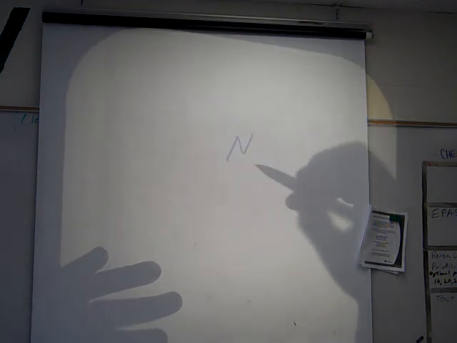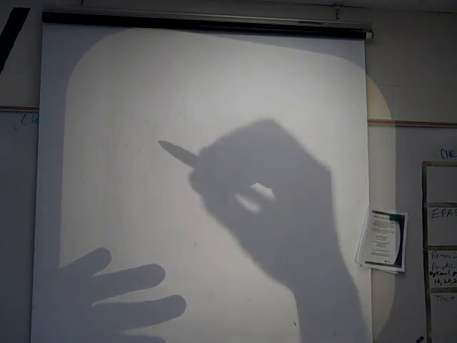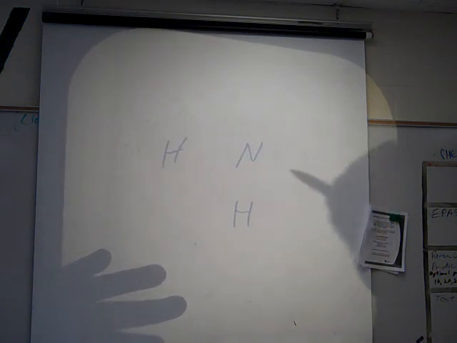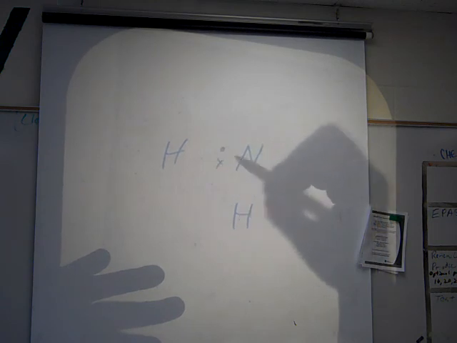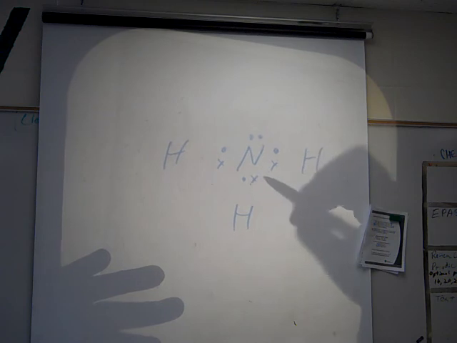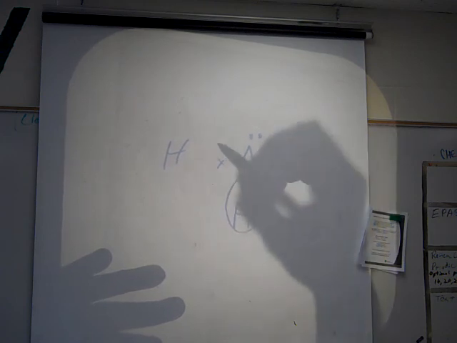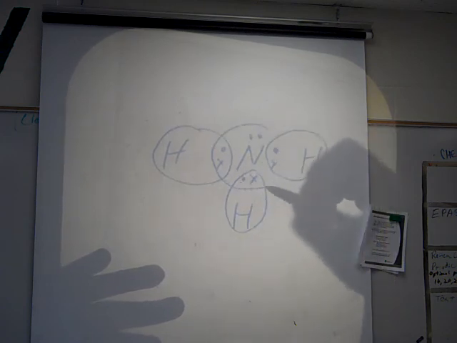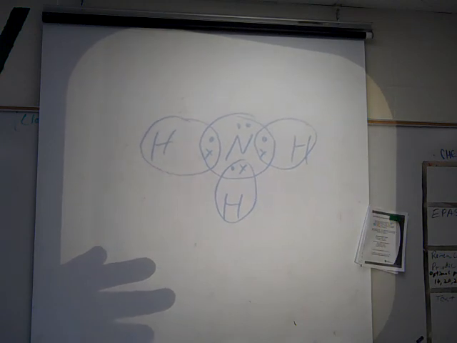Whichever one there's fewer of will always be in the center. There's only one nitrogen. Three hydrogens. So that's how it looks.